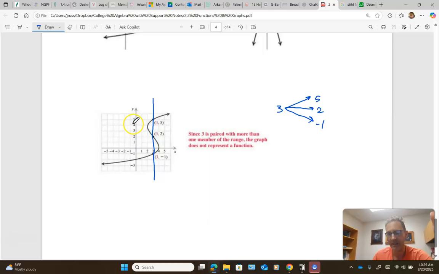And so that's why this is not the graph of a function. Now this is still a mathematical relationship. The values of x are still related to values of y. It's just that for any given value of x, there are certain values of x that are related to more than one value of y. Okay, and that's what makes it not a function. And that's why this vertical line test works.